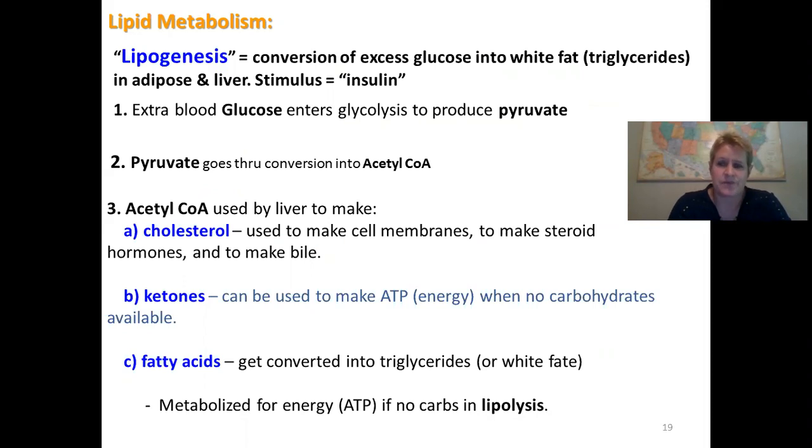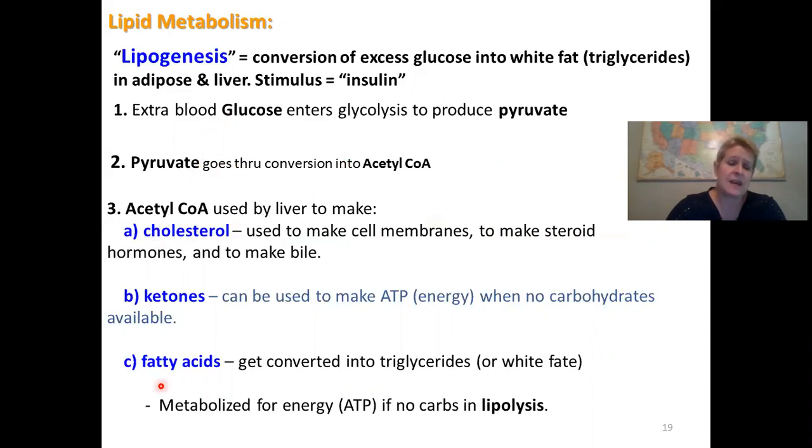Okay, now I've shown you this pathway. Glucose goes to pyruvate to acetyl-CoA. Acetyl-CoA is used to make these things in blue. Now, that's the pathway going in one direction, right? It can go backwards. So let's say you'd skipped a bunch of meals, you have no carbohydrates left. Now what your body's going to turn to next is your fat stores. And so what happens is your body will break down fatty acids.